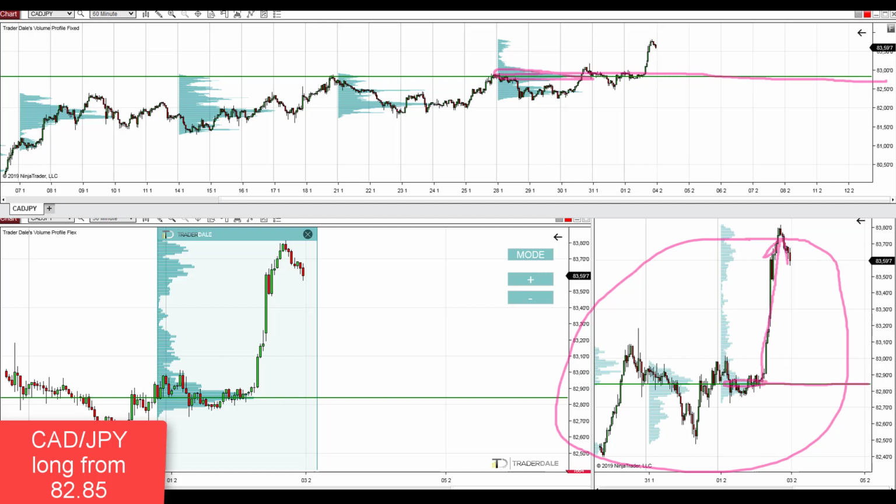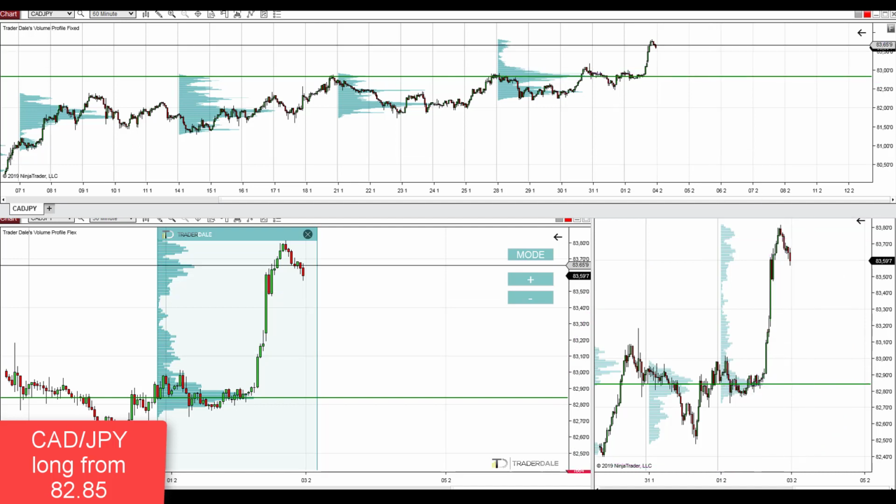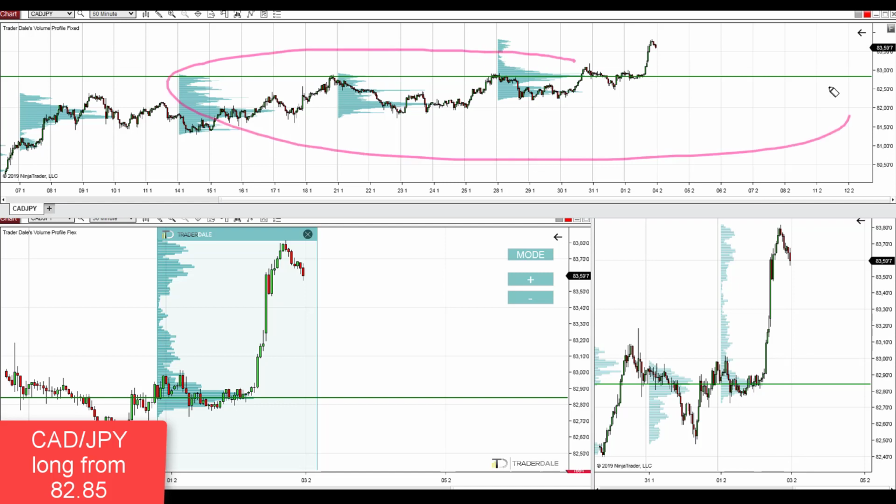So I expect that when the price makes it back to this level again, those buyers, you can see on this profile, also on this profile right there, will be defending their positions and they'll push the price upwards again. There's also a nice confirmation of the level. If you look at this screen right there, then you can see that it was a strong resistance level in the past, right there and right there.